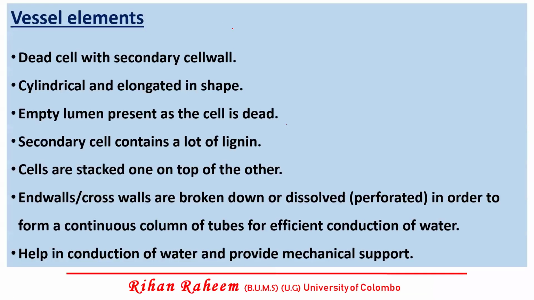Here, these are the features of vessel element. Dead cells with secondary cell wall, and the secondary cell wall contains lignin. Because of that only they became dead. Cylindrical and elongated. Empty lumen means in the middle there is nothing, because the cells are dead. When the cells are dead, the inner space becomes empty lumen. The special thing is the end walls or the cross walls are completely broken or dissolved.